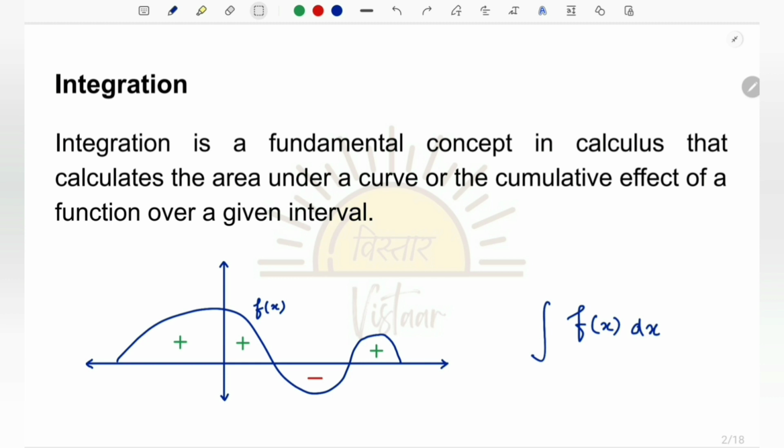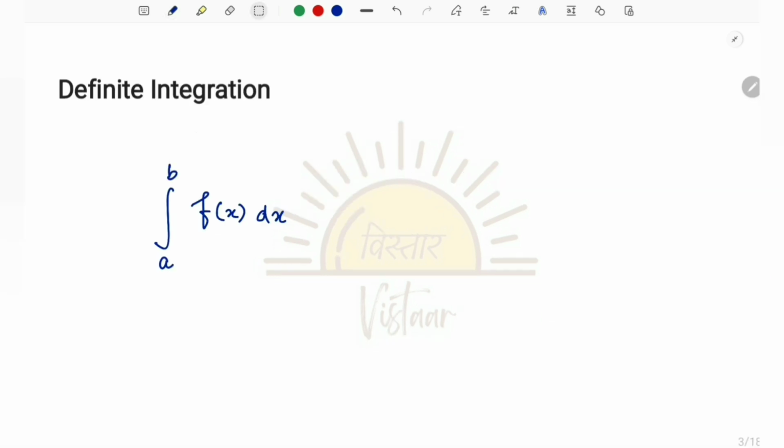Now let's understand the types of integration. Integration is of two types, definite integration and indefinite integration. Definite integration is used to calculate the exact numerical value of the integral of a function over a specified interval. It provides a single numerical value as the result, and this numerical value represents the accumulated area under the curve of the given function within the given interval.